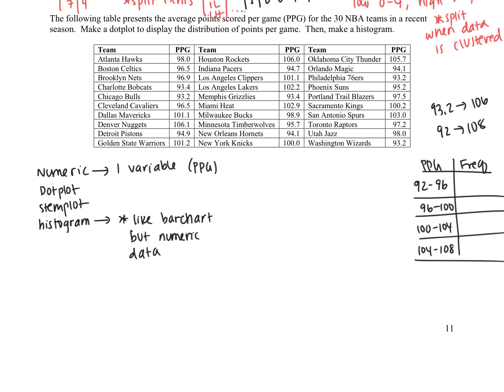So first thing we're going to do is count how many teams fall into that category. 92 to just before 96.